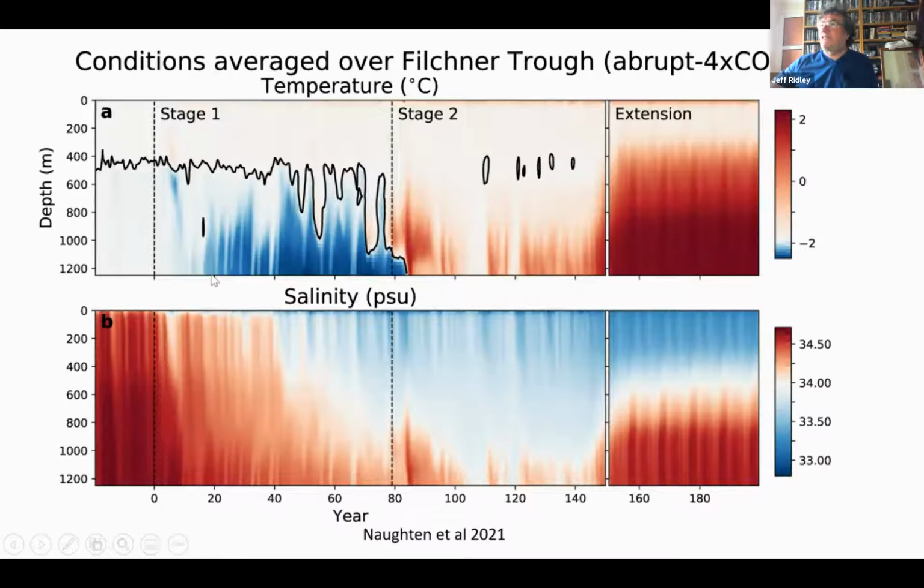So you gradually, as you go through climate change, this is an abrupt 4 times CO2 experiment, which means you just step up to 4 times CO2 from pre-industrial CO2 and run the model continuously.